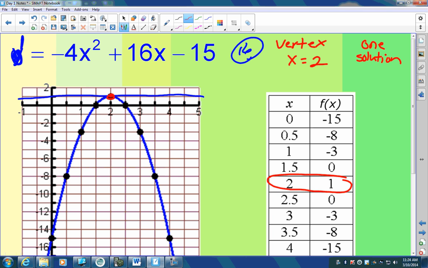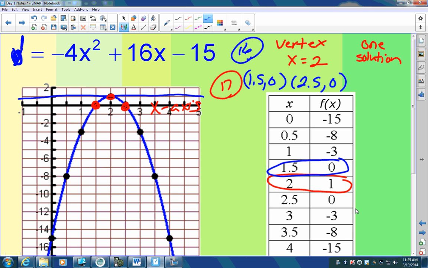Now, number 17. 17 says, what are the coordinates of your x-intercepts? Your x-intercepts are right here, where they cross your x-axis. Okay, so that is 1.5 and 2.5.